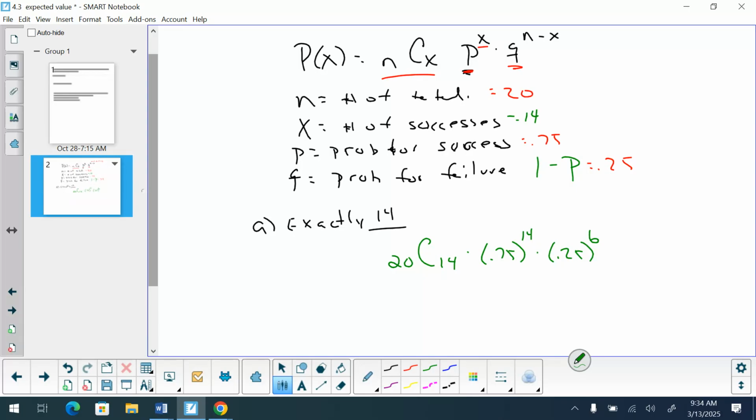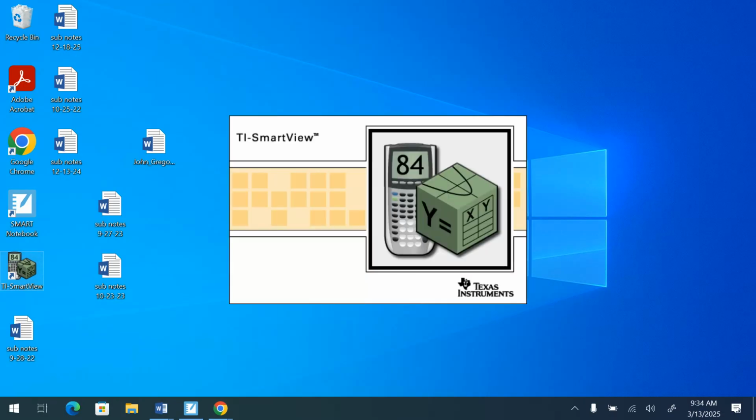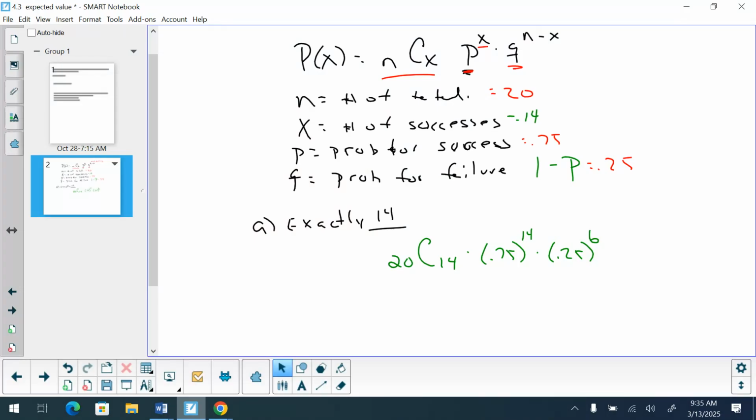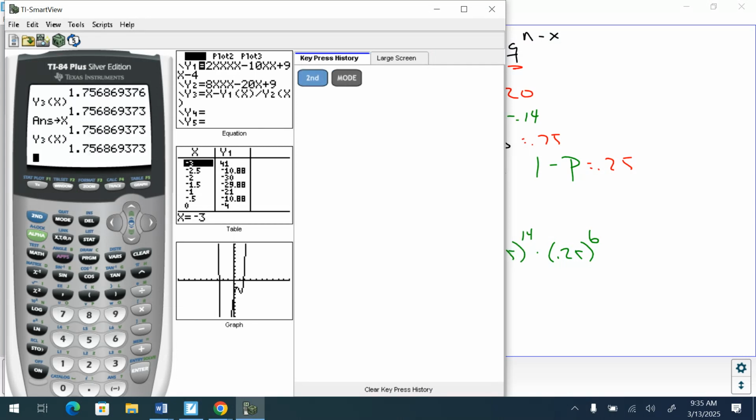Once again, once you get to this point, it is a click-a-clack exercise. You can go to your calculator, you can go to your 20C14. Once again, I have to type in my 20 first.